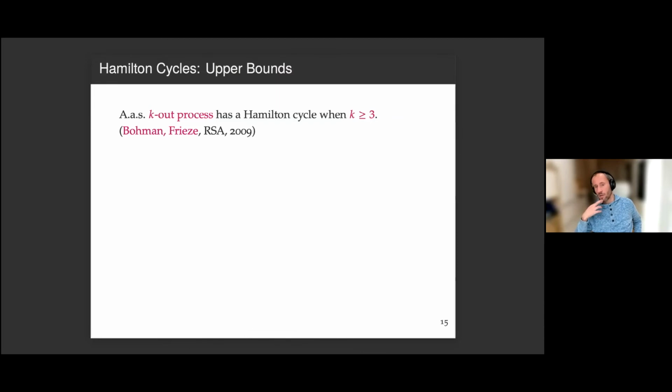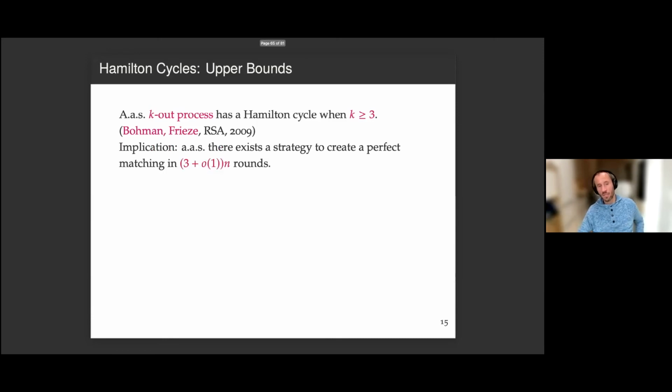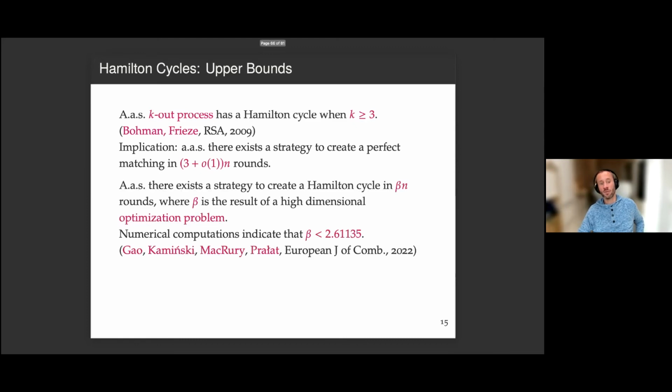I don't have the whole history of that, but it was proved first for huge values of k, and then going down all the way to 3. So there was a long process to analyze the k-out process, but now we know k equal to 3 is enough, and k equal to 2 is not enough. So immediately we get that roughly 3n rounds is enough to create a Hamiltonian cycle. And the question is, can we do it better?